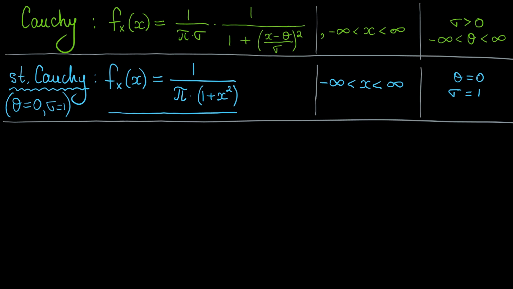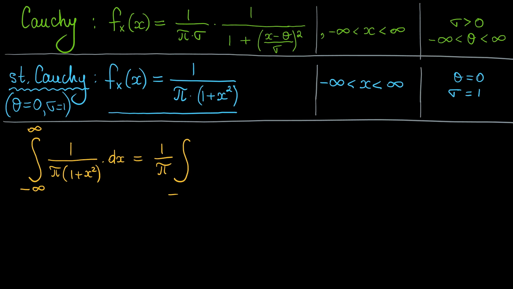Okay, let's start by making sure that this is a legitimate PDF by checking whether it integrates to 1 over its support. So the support of the standard Cauchy is negative infinity to infinity, and its PDF is 1 over pi times 1 plus x squared, and we can pull the constant in front of the integral, and then what we have inside is 1 over 1 plus x squared dx.